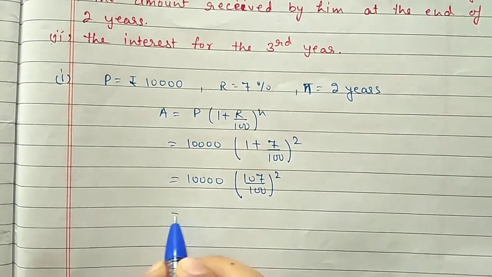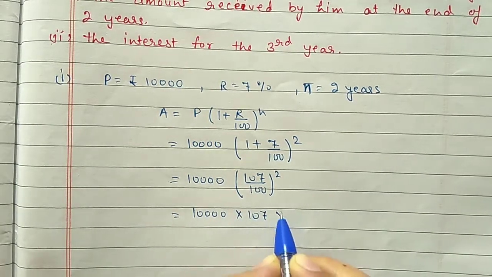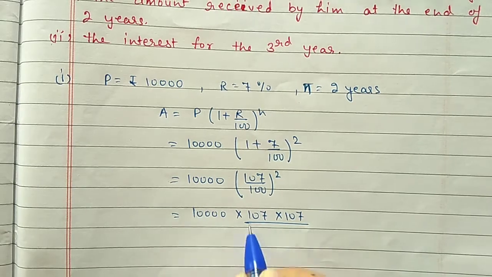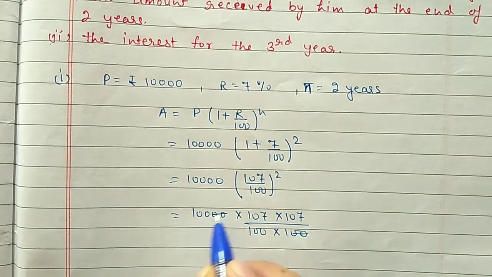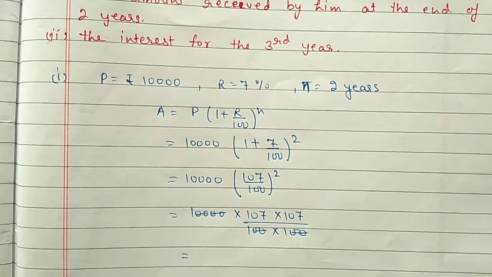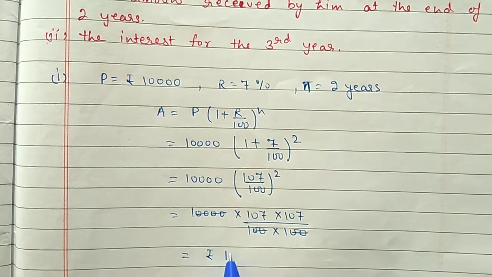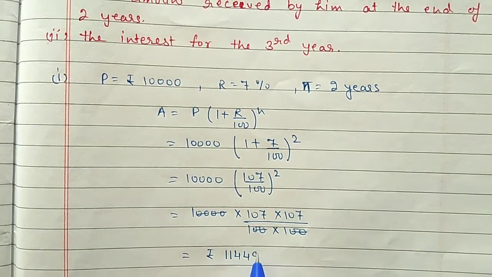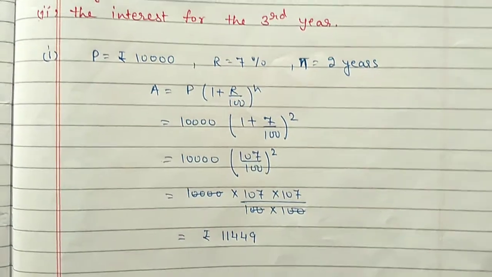We can write it as 10,000 into 107 into 107 by 100 into 100. So 4 zeros will cancel out, and 107 into 107 we will get 11449. So this is the amount by the end of second year.